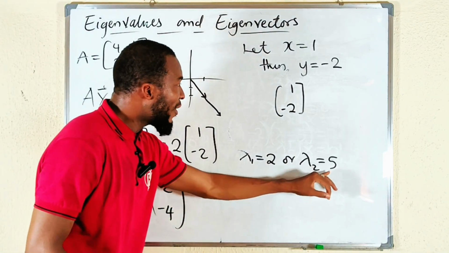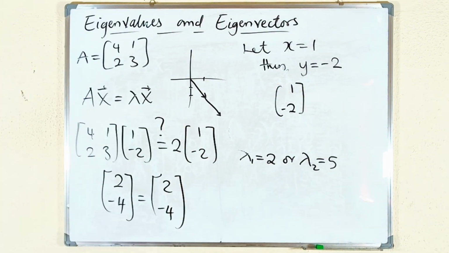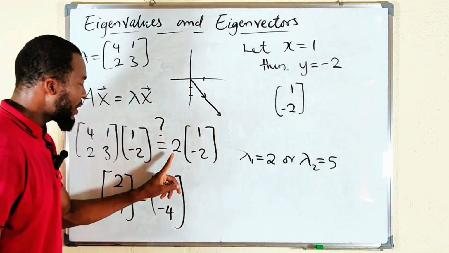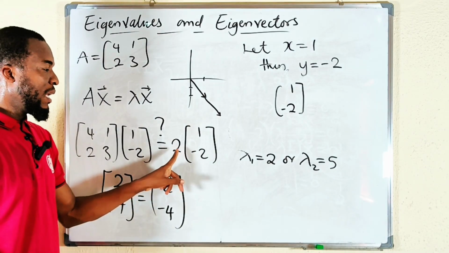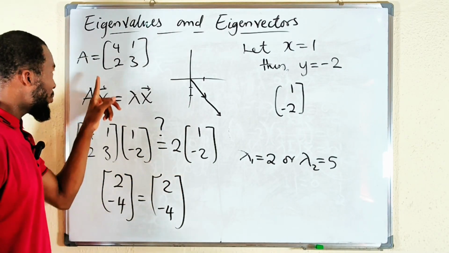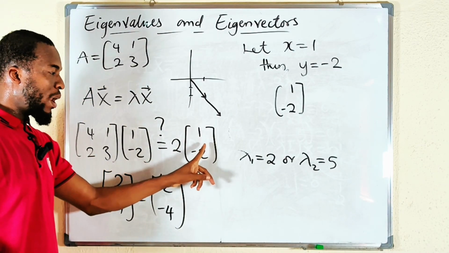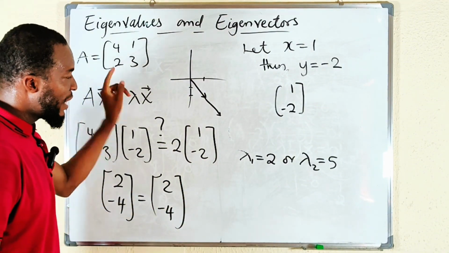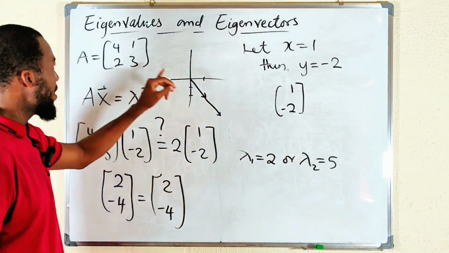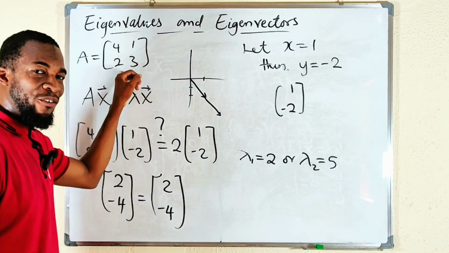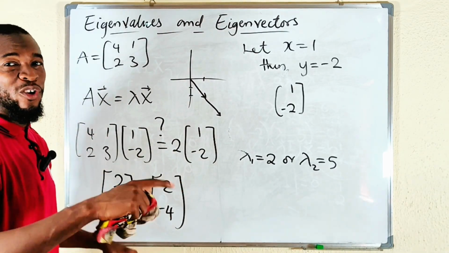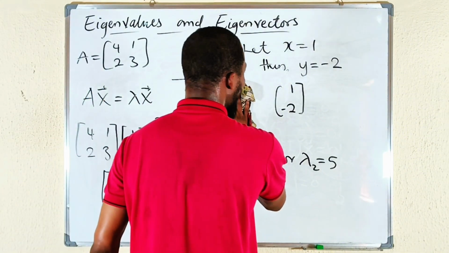So I want you to use 5, plug it where? Let me give you a hint. Because 2 is the eigenvalue of this matrix, then 1, negative 2 is the eigenvector of the same matrix. So if 5 is the eigenvalue of this particular matrix, then what is the corresponding eigenvector of the same matrix?